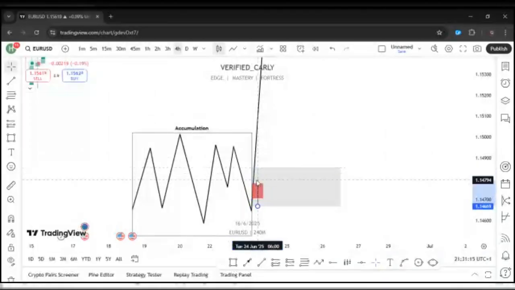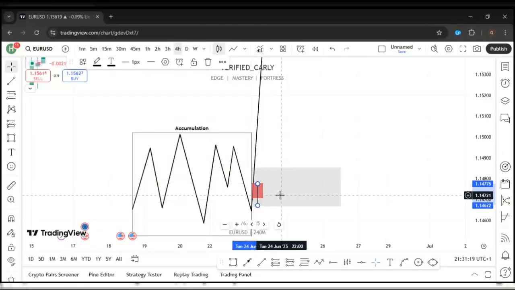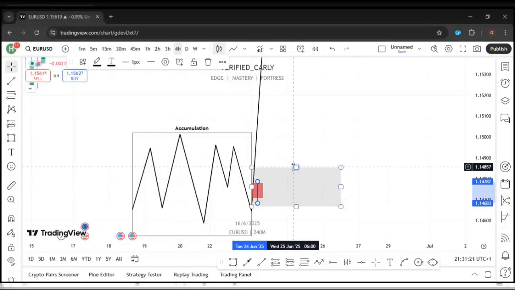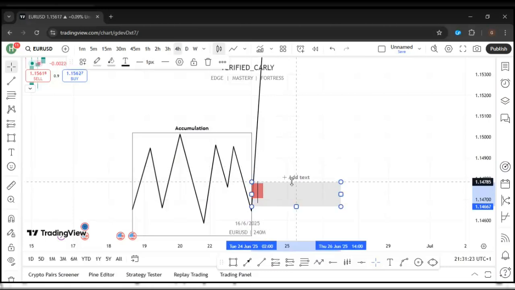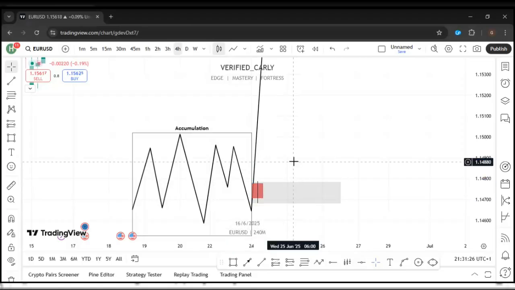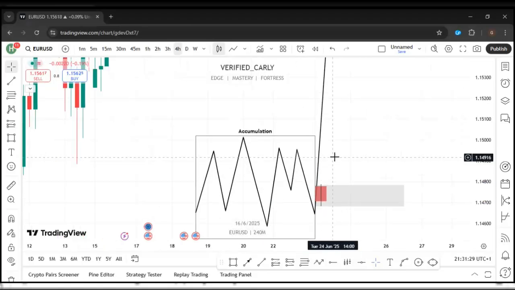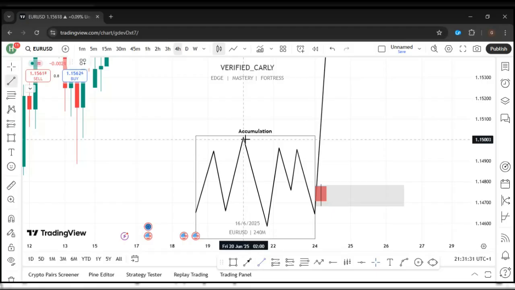I'm just showing you guys an example. As I said, I'm not that good at drawing. So if you see something like this, this is the order block that caused the break of structure, because price broke structure within this zone.